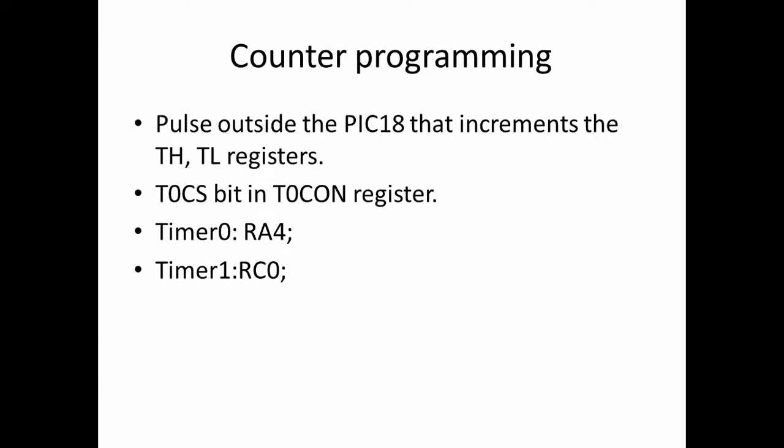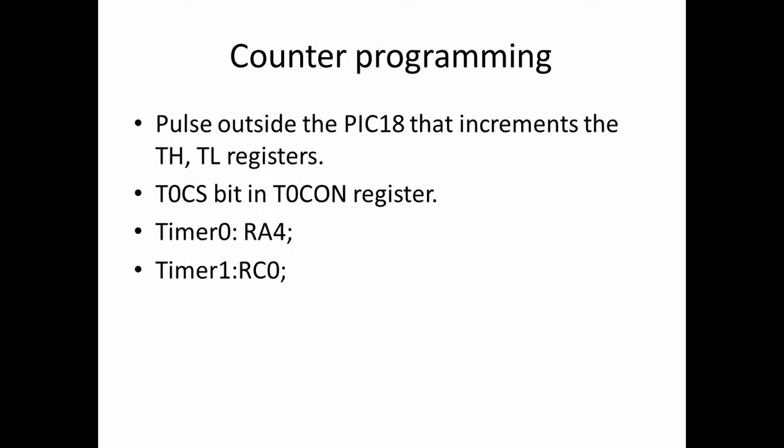If the clock ticks come from an external pin, then we can use that signal for counting applications. So that's what we have in counter programming. In the case of counter programming, the values of timer 0H and timer 0L, or timer 1H and timer 1L, will increment automatically.